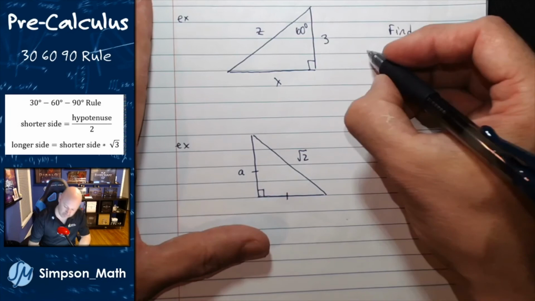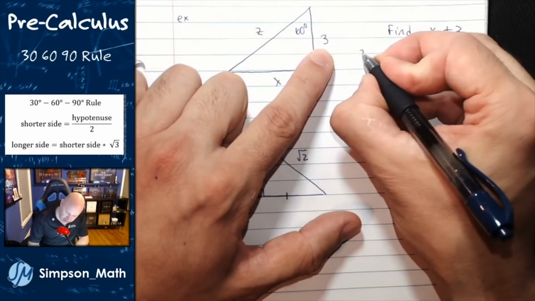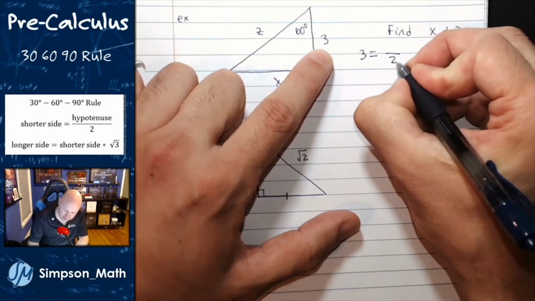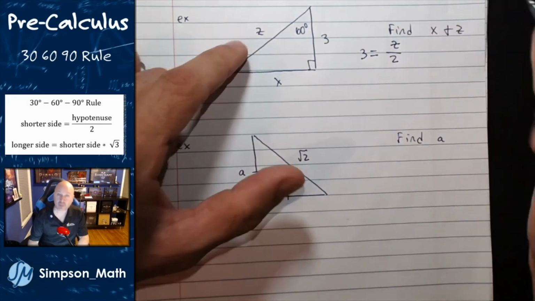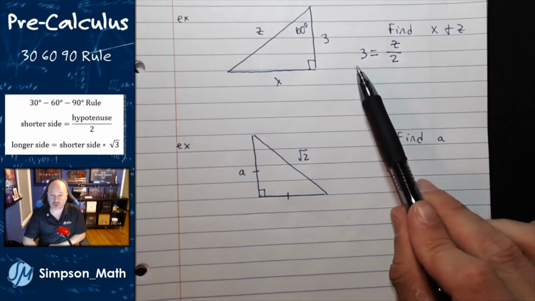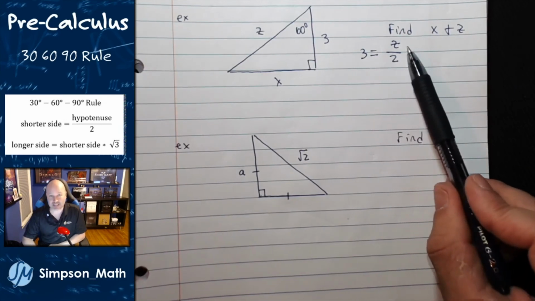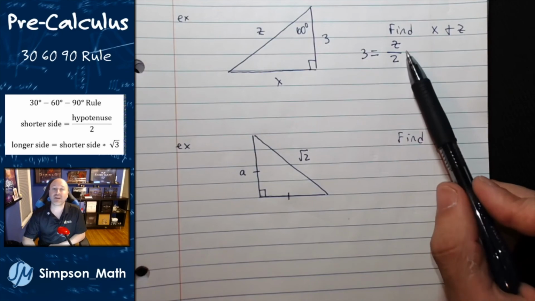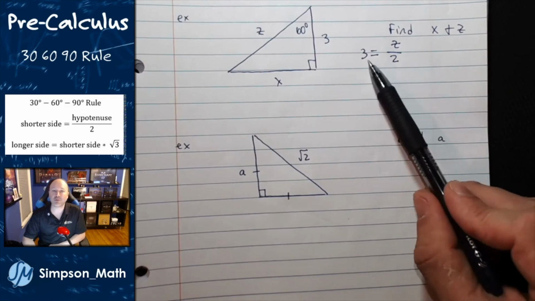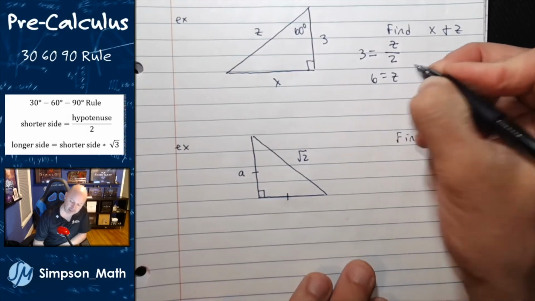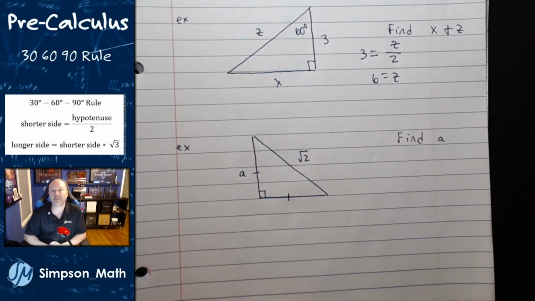So let me write that down. The shorter side length is half of the hypotenuse. So that's just that rule. The shorter side length, which in this case is 3, is equal to the hypotenuse z over 2. So I can find z by multiplying both sides of the equation by 2. 6 must be z, the hypotenuse.